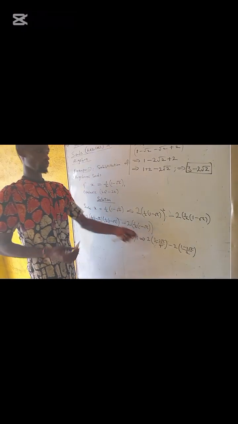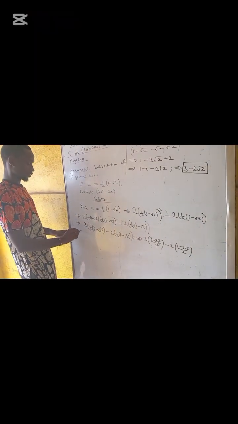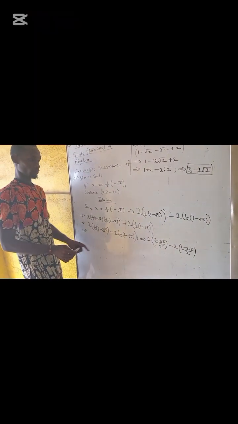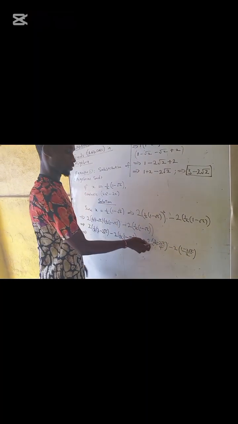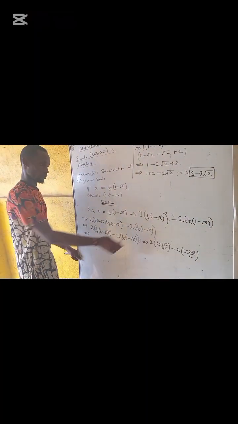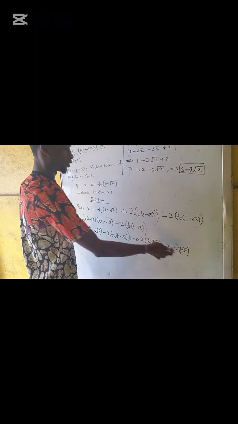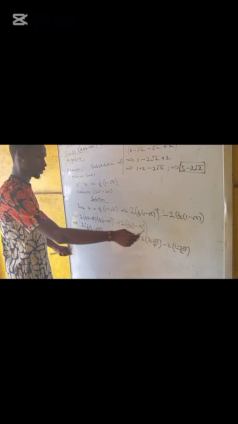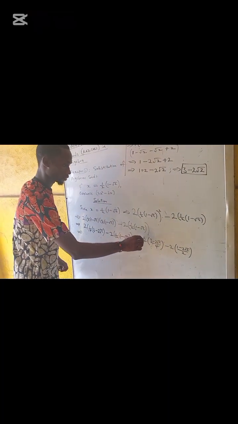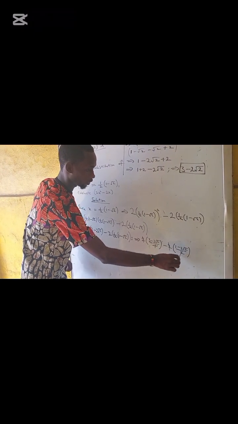Now, since we have something like this, we are to multiply everything by what we have there, or simply we can divide by what we have there if we open the bracket. So we are now having this divided by this and this divided by this.